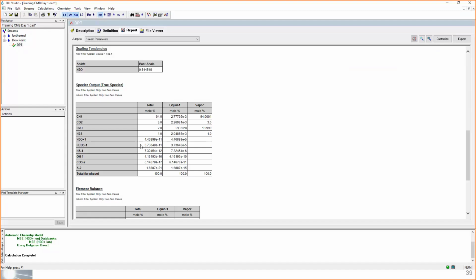So, what do we get from this? Remember, we entered 3 mole percent of CO2 and 1 mole percent of H2S. But notice the distribution of these species in the aqueous phase. You'll see here that they are virtually the same. This is 2.3 and this is 2.04 times 10 to the minus 3, but they are the same order of magnitude.